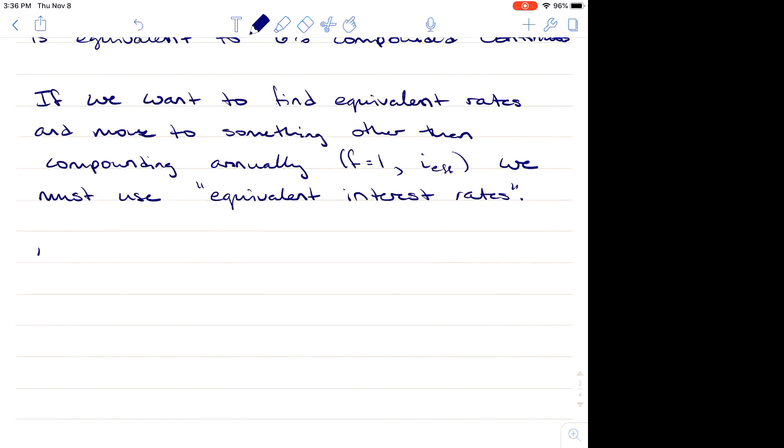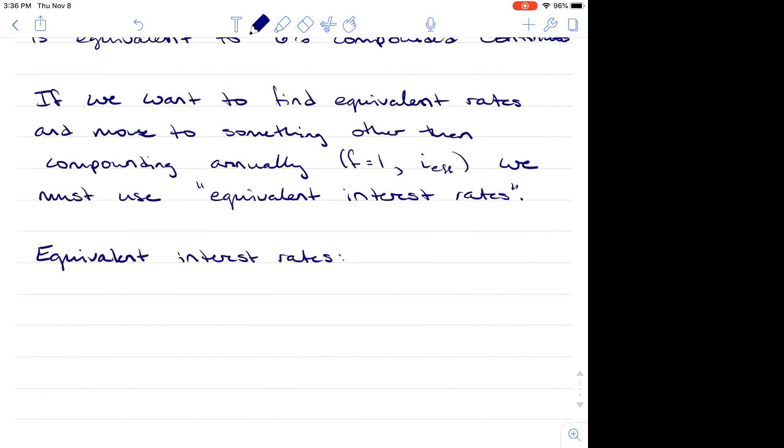What is an equivalent interest rate? Equivalent interest rates are two interest rates that have the same effective rate.